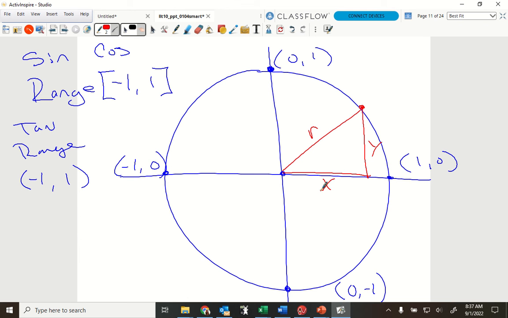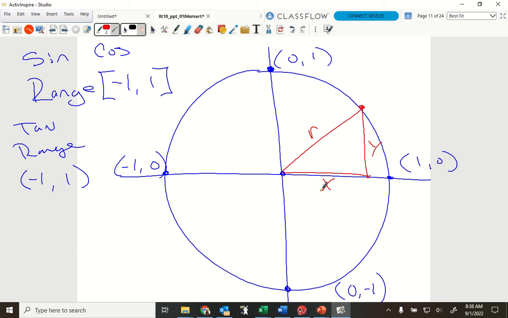So what do you think about the c? If it's a squared plus b squared equals c squared, what do you think about the c? It is the radius, and it should be the longest side, shouldn't it? Because if a squared plus b squared is equal to c squared, I know that c has to be the longest side.